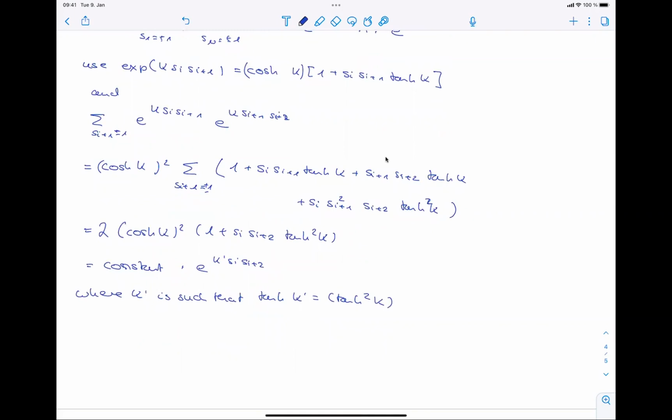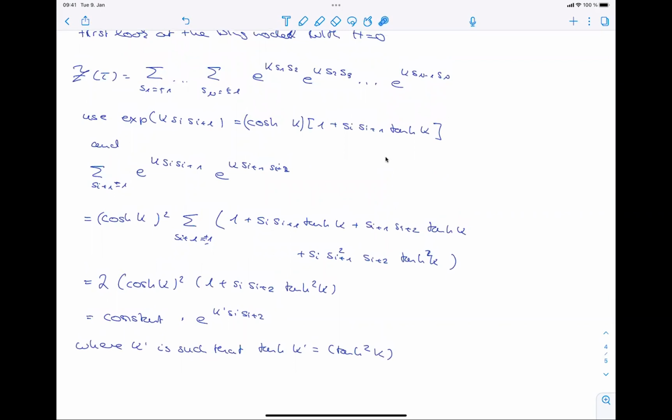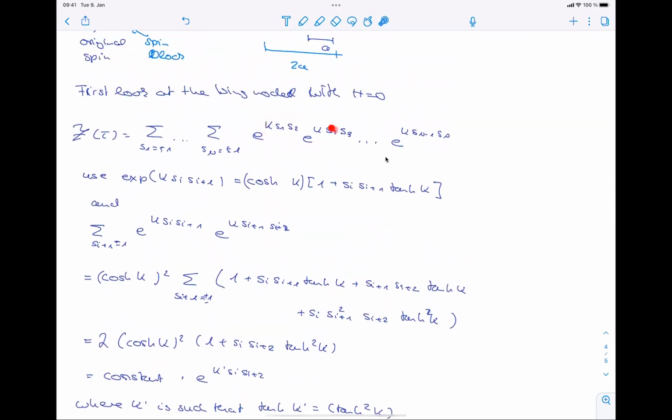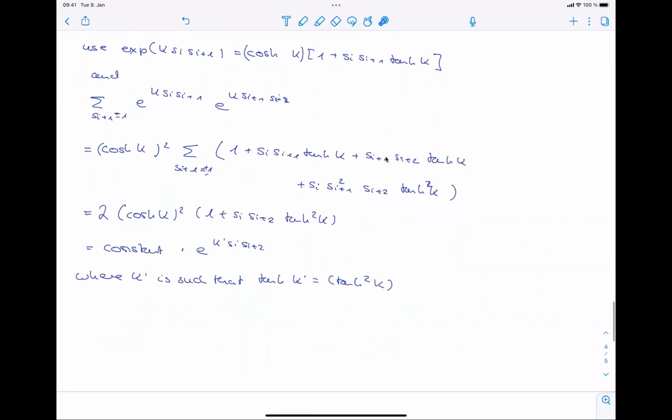But this was actually the key step of introducing the block spins already, right? Just summing over two successive spins and rewriting the Hamiltonian to have the same functional form, but now with a different interaction strength.